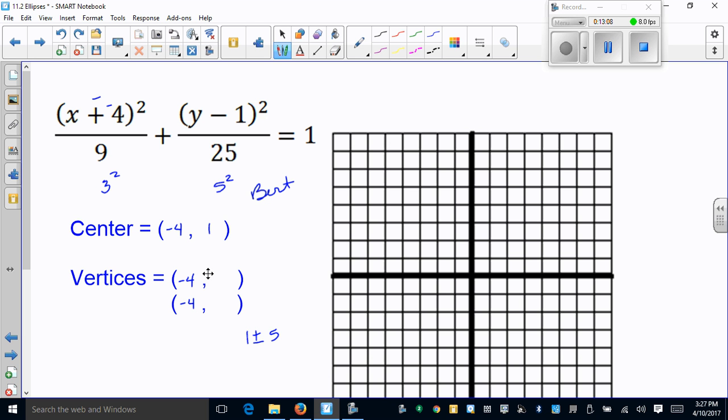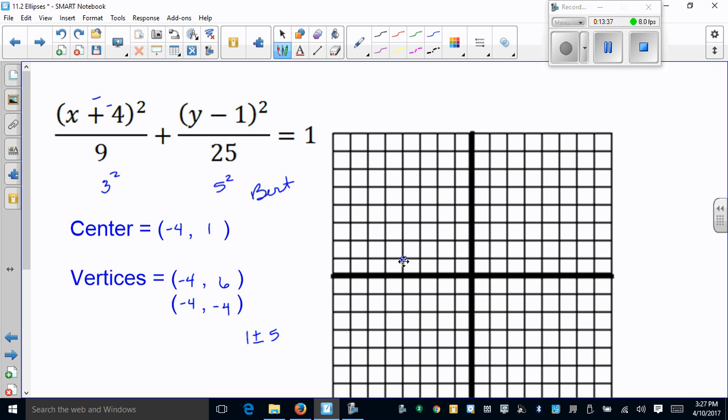So let's see. So we go to our center. -4, 1, 2, 3, 4, 1. And then we're going to go big. Remember, this one is a Bert. So my Y values are going to change. It's going to be 4, 6. I'm sorry, -4, 6.